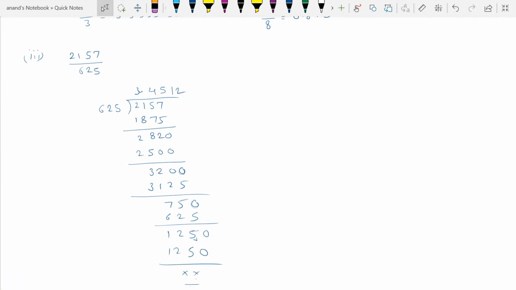Next example is 22 by 7. 7 3 ja 21, remainder is 1.